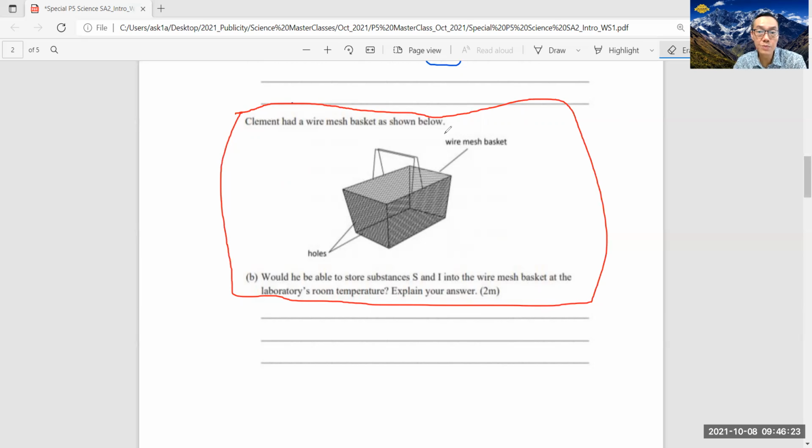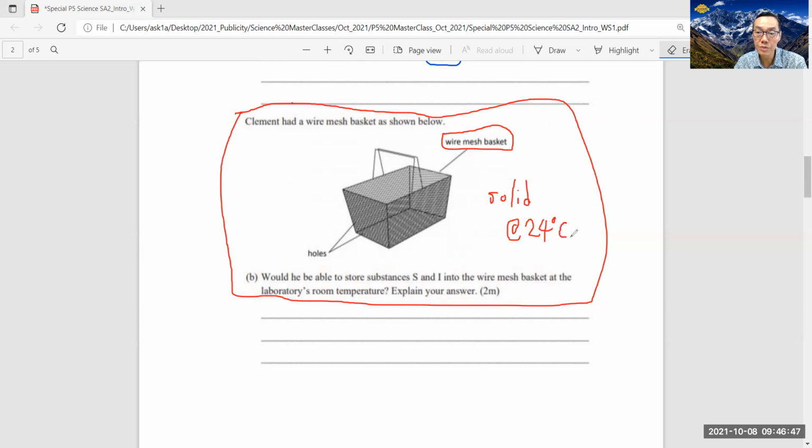So now you look at this wire mesh. You all circle this thing. Because wire mesh means it has holes, right? So in order to store something, the substance cannot flow through the hole, or cannot vaporize. So that means this substance must exist as what? Solid at the room temperature, which is 24 degrees Celsius.